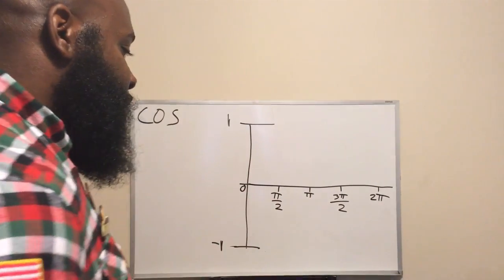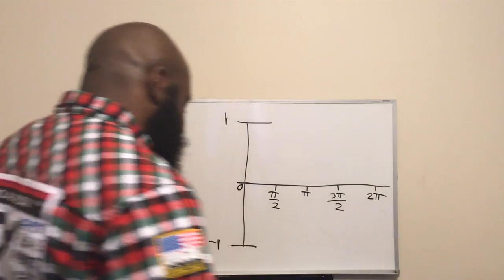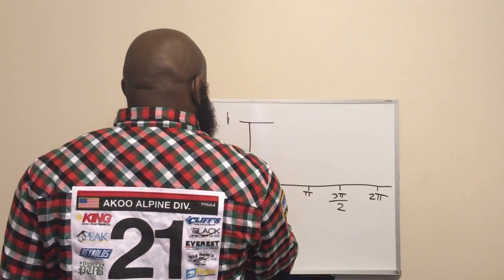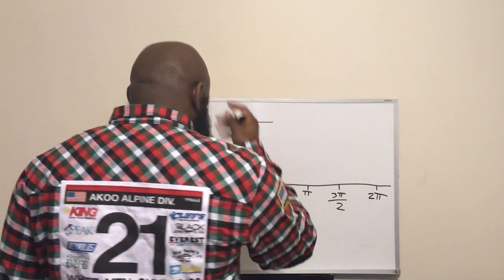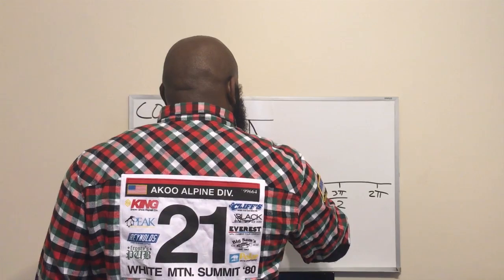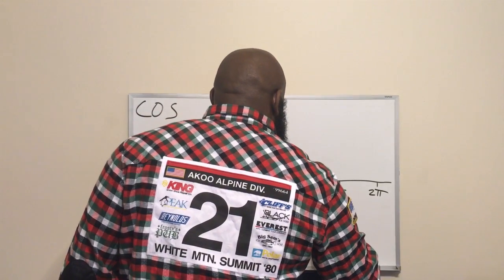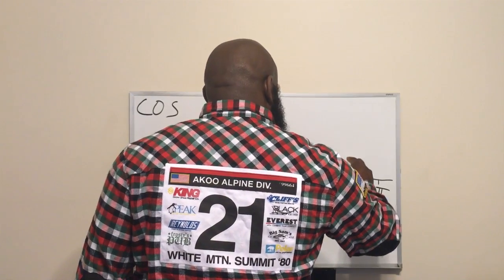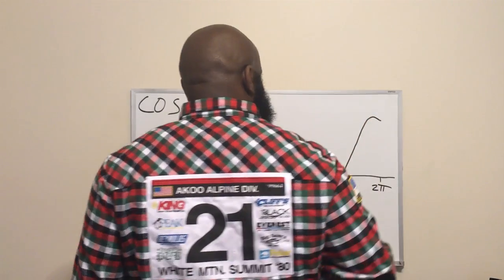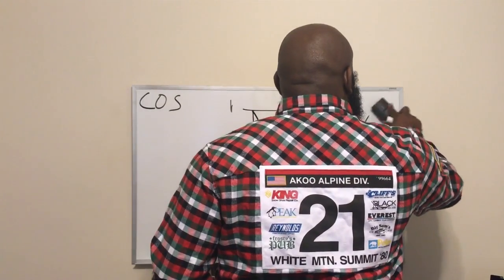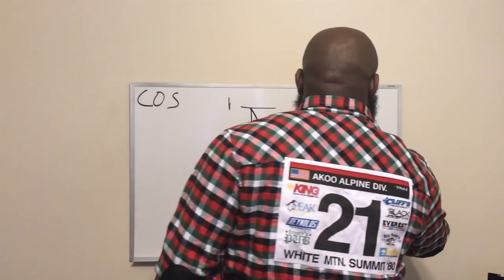So let's plot the cosine function by starting at the 1. The sine function started at the 0, but the cosine function starts at the 1. What we're going to do is go through pi over 2, curve at the pi, go through 3 pi over 2 and stop right there at 2 pi.